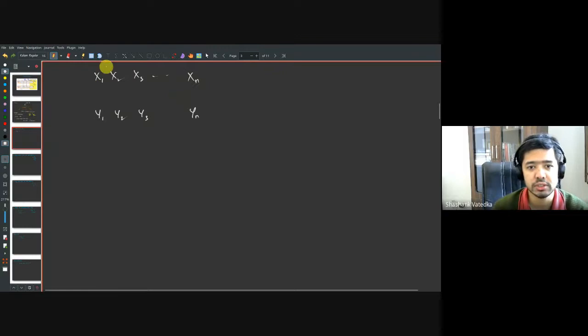So somehow this vector of length n is corrupted to get another vector of length n, and the assumption that we will make is that each xi is independently corrupted of the other xj's. So this y3 conditioned on x3 does not depend on the other xj's.